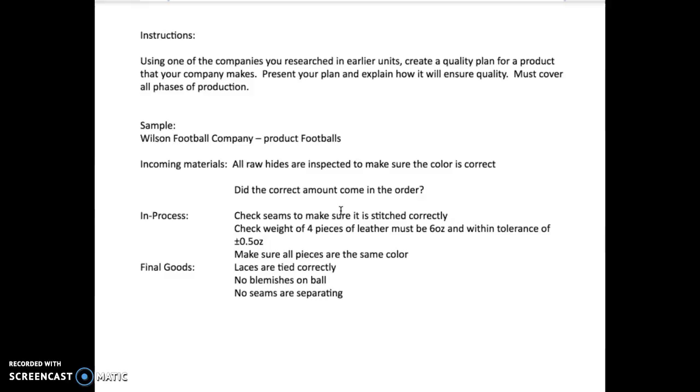Present your plan tomorrow and explain how quality is ensured, and you need to cover all phases of the company. Now, obviously, you're going to have to make some of these up and guesstimate what they are, but do your best in thinking about what are the incoming materials, what is the end process, and what are the final goods that you're looking for on a particular product.